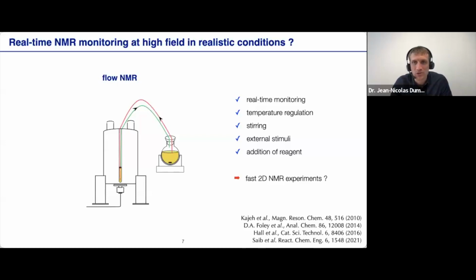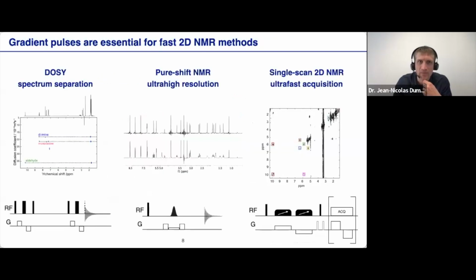And so we wanted to test, adapt and develop these methods such that they can still be applied in the case of a flowing sample for reaction monitoring. Today I would like to talk about three different methods.